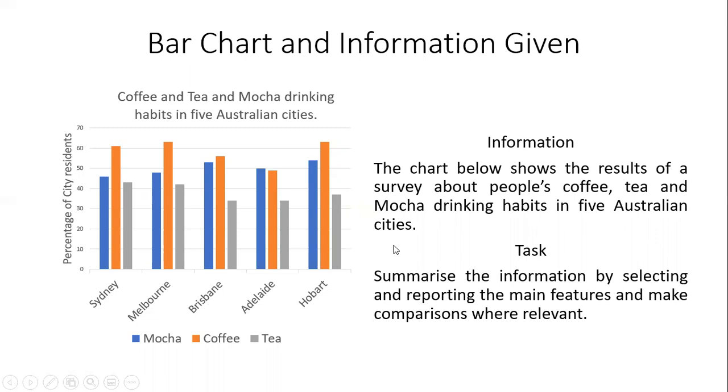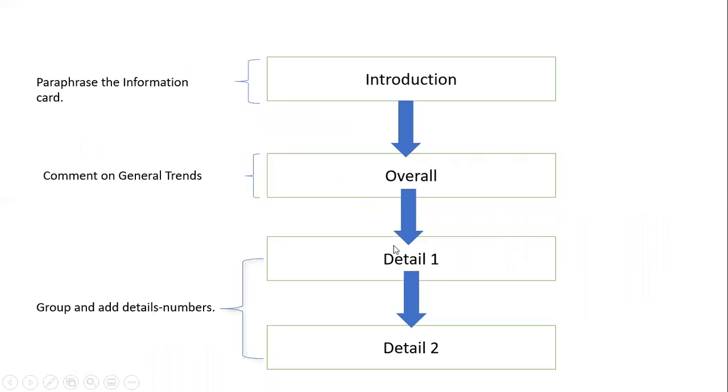Okay, so then I'm just going to go up a little slide here, shows you the structure. So what we want to do is have an introduction, which basically paraphrases the information that's given on the card. Then we want to have an overall paragraph. I prefer to have it second, so that's where I normally put these.